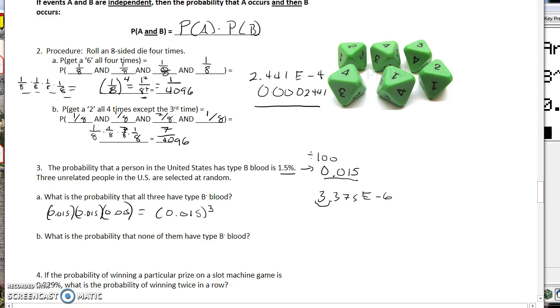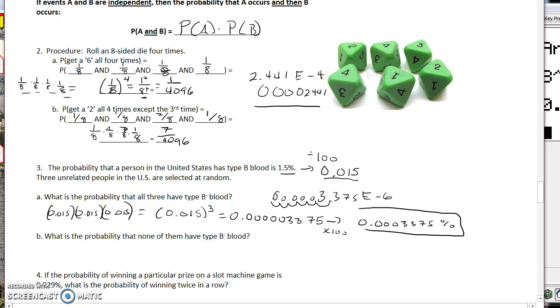We have to move this 1, 2, 3, 4, 5, 6. This is where our decimal is going to be. You're going to fill in some zeros in that place. So this is going to be 0.00000 and then 3375. Or, again, if you wanted to write that as a percentage, you would times that by 100, and you get 0.0003375%. So pretty rare to get 3 people in a row that have B negative blood type.